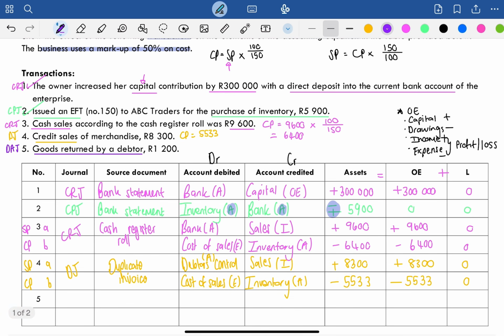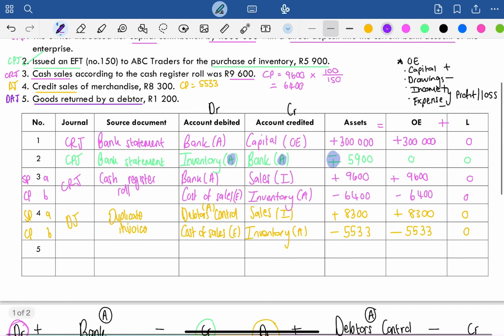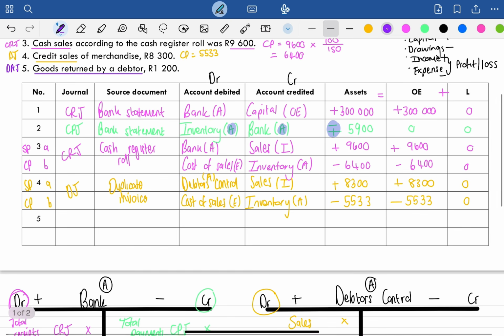Right, the last transaction I want to go through is goods returned by debtor. So here we again have a selling price and a cost price. When the debtor returns, we call that journal the DAJ, and it will be a duplicate credit note.